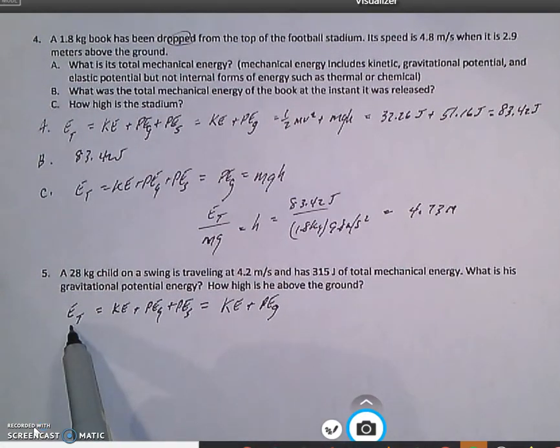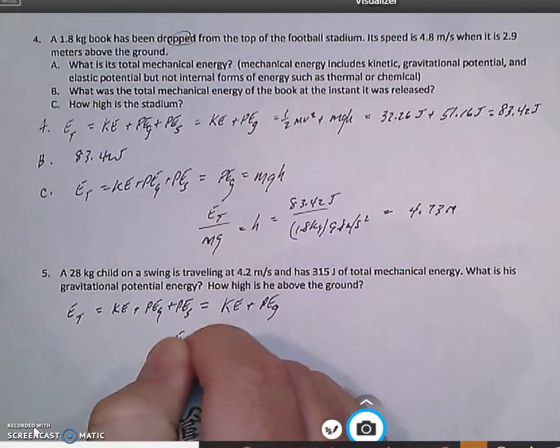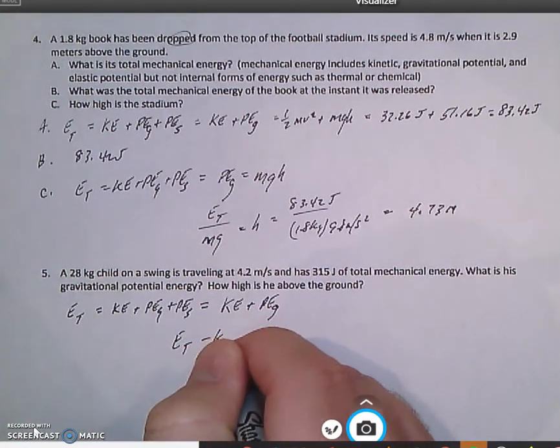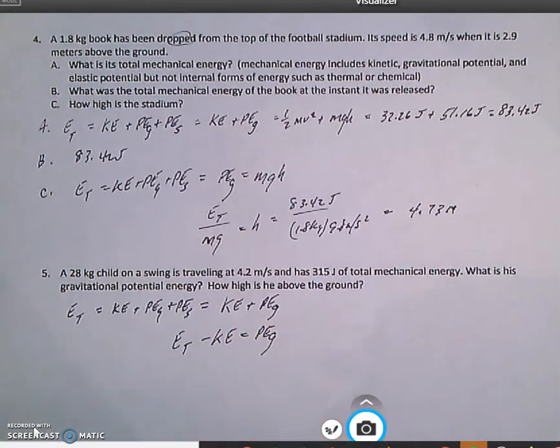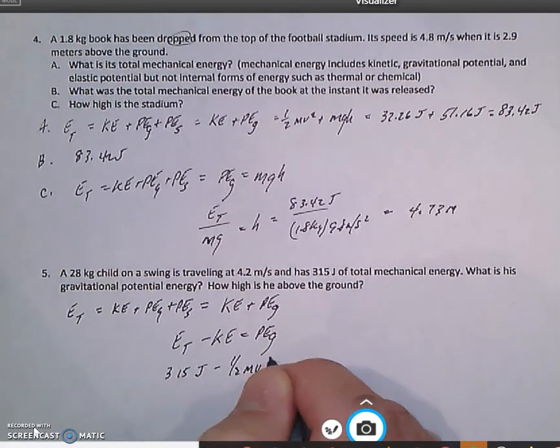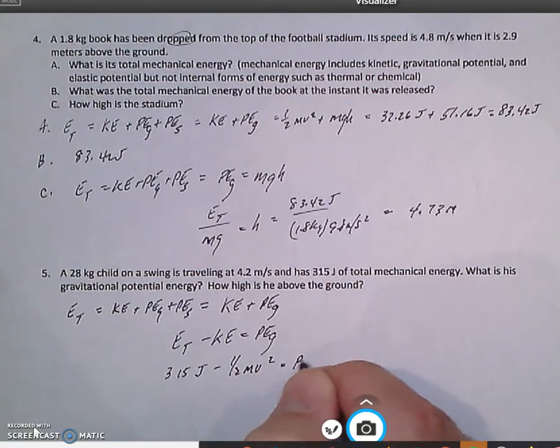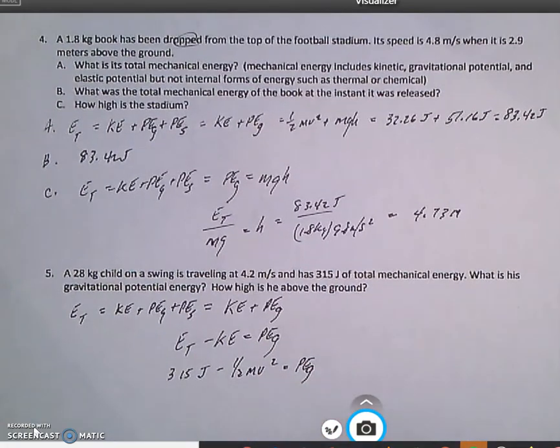Now I've got E total equal to this plus this. So E total minus the kinetic energy is going to equal the gravitational potential energy. So the total energy, 315 joules, minus 1/2 mv squared is going to equal the gravitational potential energy.